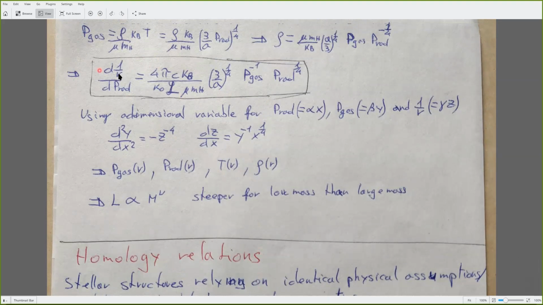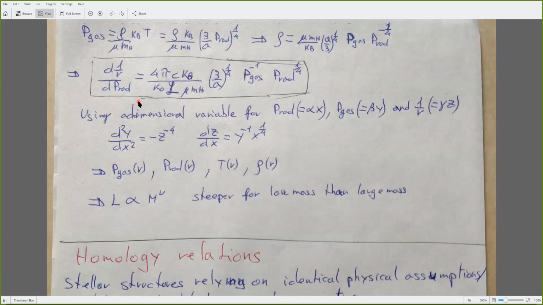And here we use the equation of state, doing some modification, and getting this relation among the inverse of the radius and the radiation pressure that depend in this way.